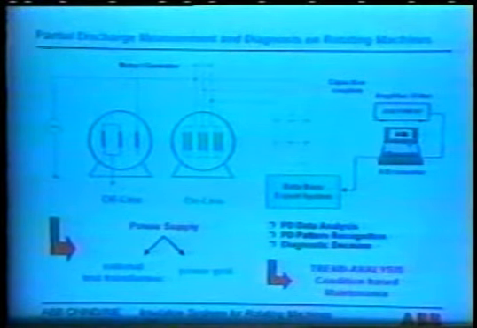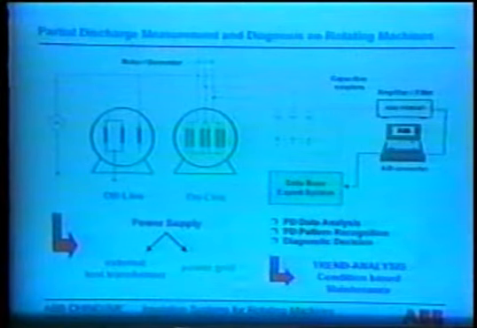Today, the main type of expert system is the human expert for assessing the partial discharge data. These data are analyzed with some pattern recognition methods, and after that, a diagnostic decision is derived.